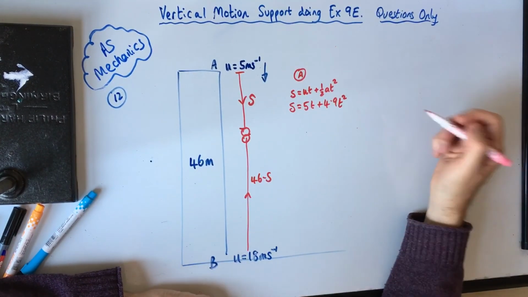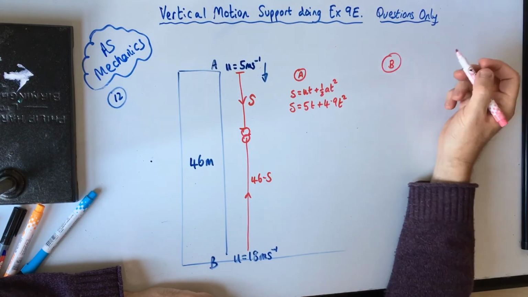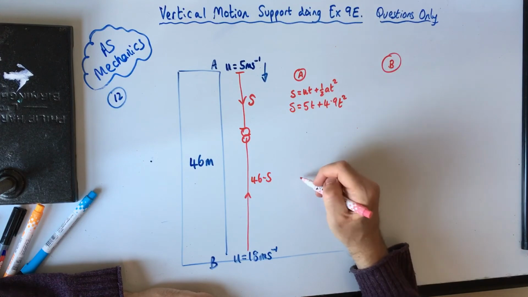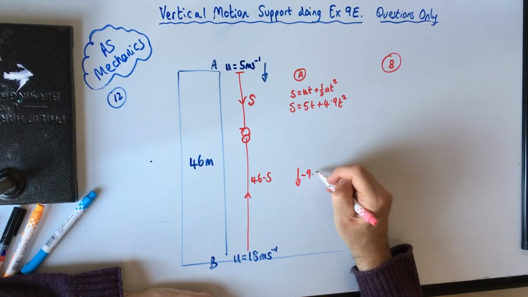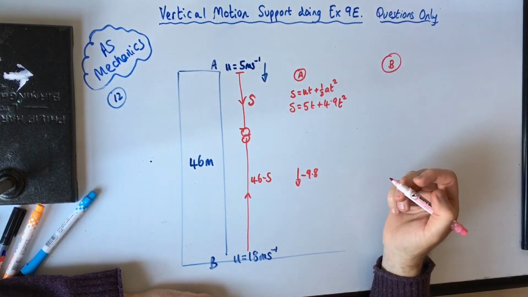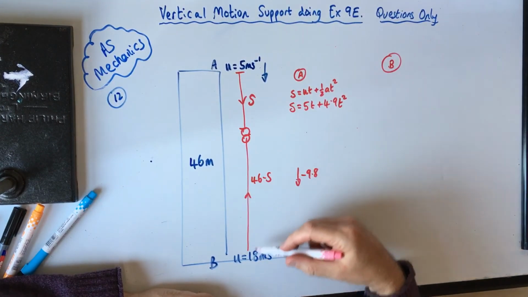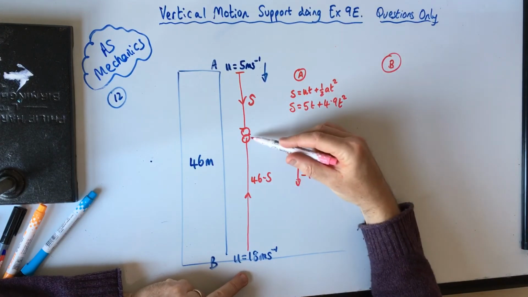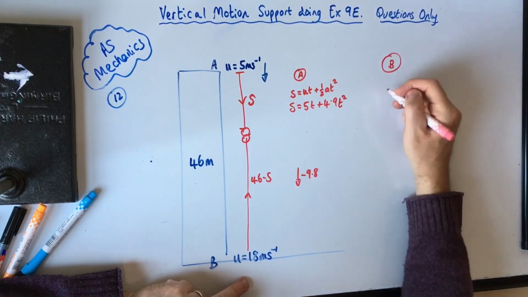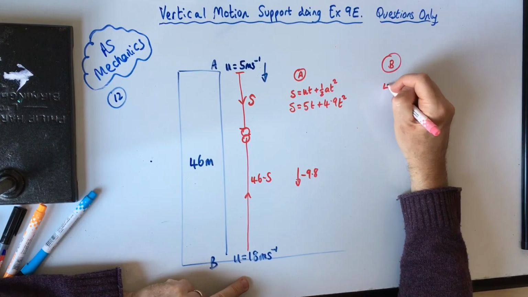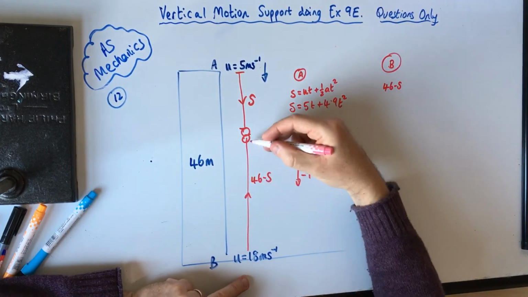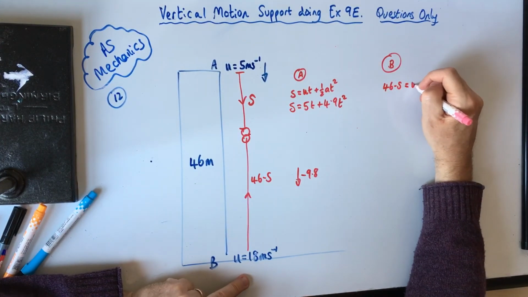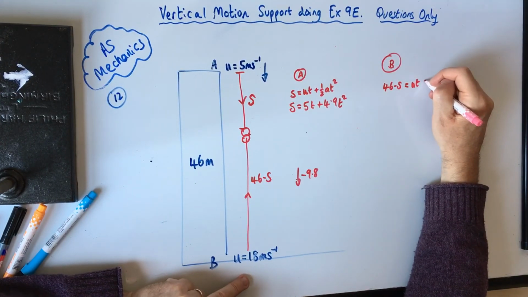If we did it for B though, that is decelerating. As it moves up, it's slowing down by minus 9.8, so we've got to be careful with this one. The distance it's travelled to there is 46 minus S, which is equal to ut plus a half at squared.